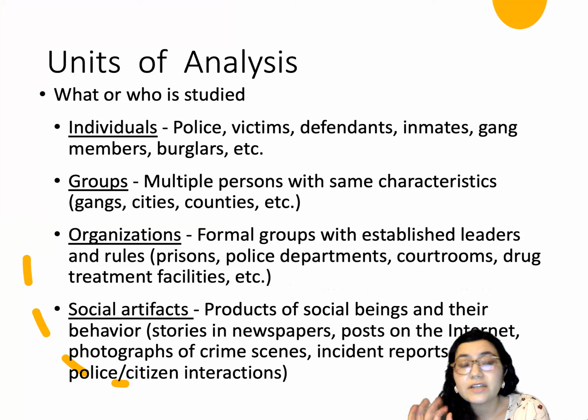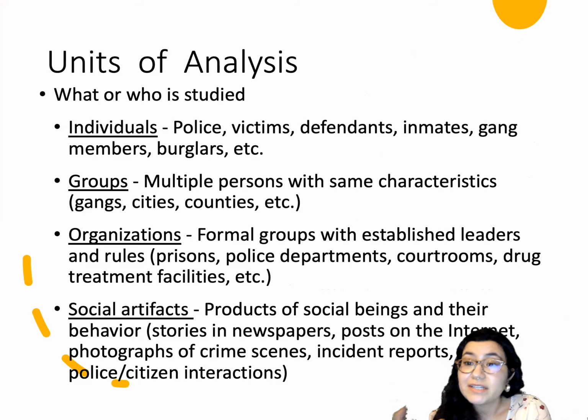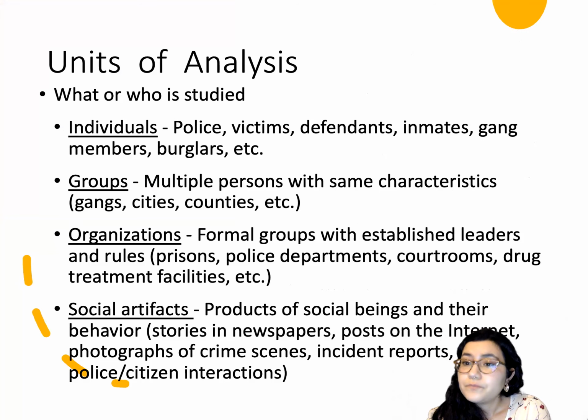Units of analysis are what or who is studied. And so generally when you're presenting your findings, your units of analysis are composed in that. So if you hear a statistic of, let's say, people who are released post bail are 10% less likely to commit a crime, then your finding is connected to your unit of analysis.